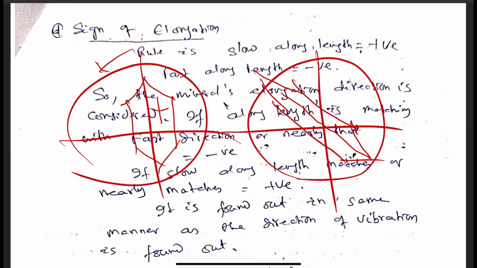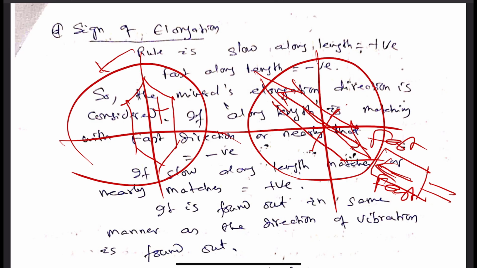One of the vibration directions is like this, and the other is like this. Along this direction, the accessory plate is being pushed. This direction we know. If it is fast, the interference color of the mineral is being noted down. If by pushing it the order changes or rises, then this fast has been favored by this direction, which is fast.